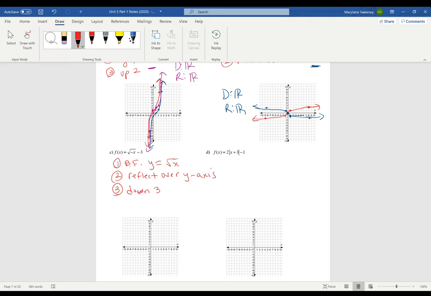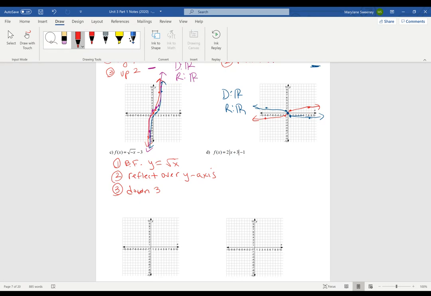Now, the biggest question I get here is, does it matter what order you go in? I always tell people, the reflect over the y-axis has to get done before anything else. That's one of the big ones that matter. And the up-down is always last.